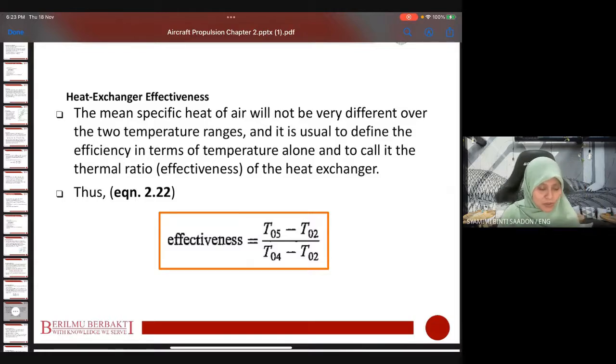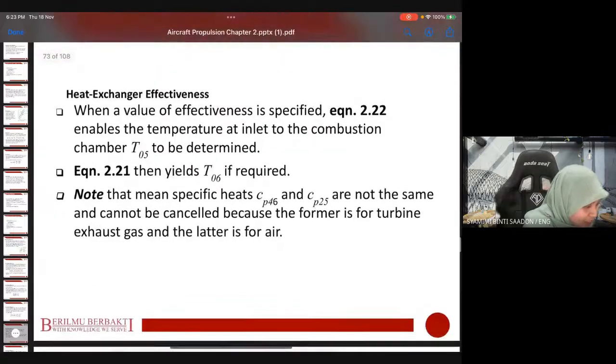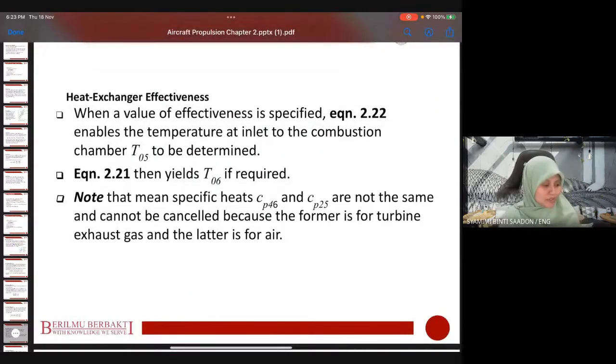So we are only left with the temperature values T05 minus T02 and T04 minus T02. And then again, for heat exchanger effectiveness, when the value of effectiveness is specified, the temperature at the inlet to the combustion chamber can be determined. This is how the steps we can use to calculate.